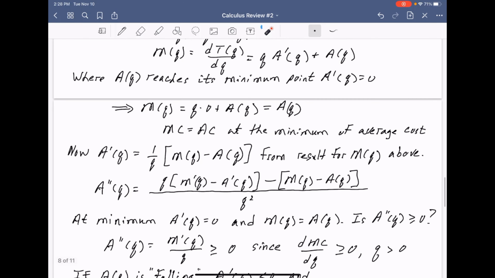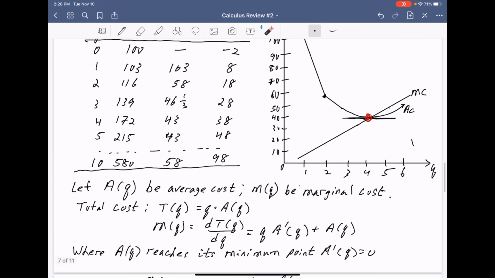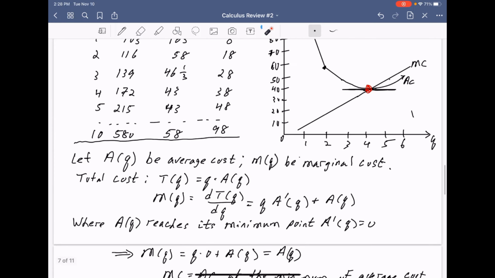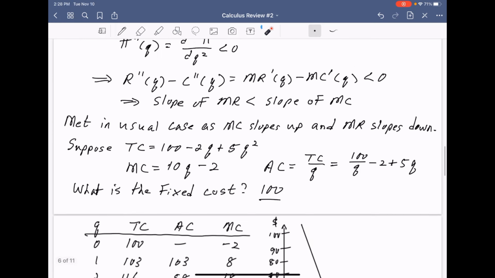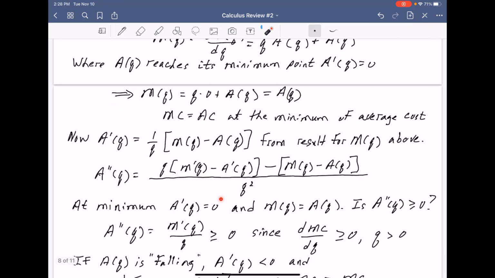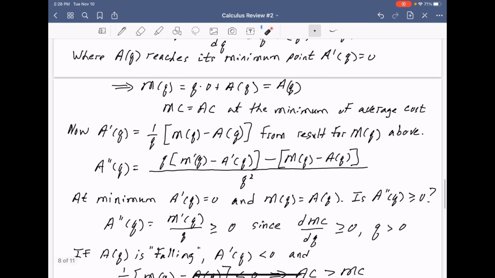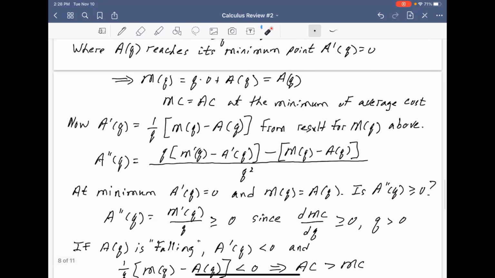All right, so that's if we rearranged this marginal cost that we're looking at. So we're taking the derivative of that. At the minimum, A prime Q equals 0, and it turns out, as we've shown, that the marginal cost is equal to the average cost. And the question is, is average cost rising, or is that really a minimum? And this is the condition for a minimum.